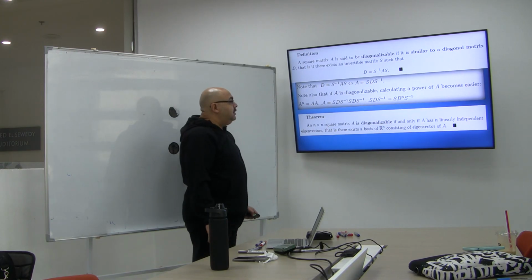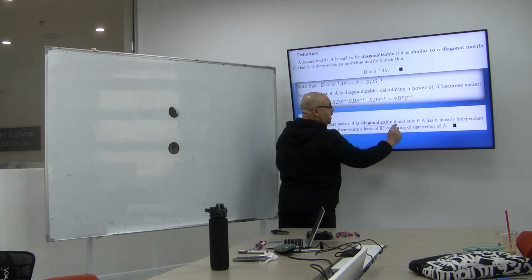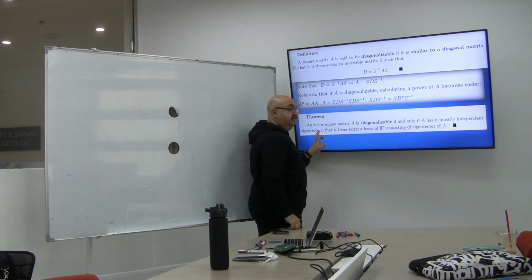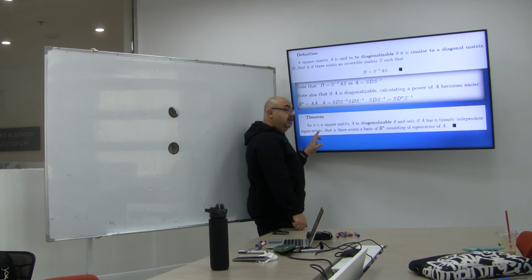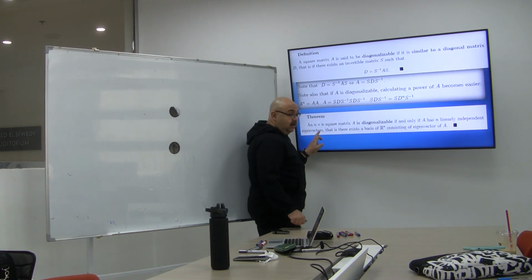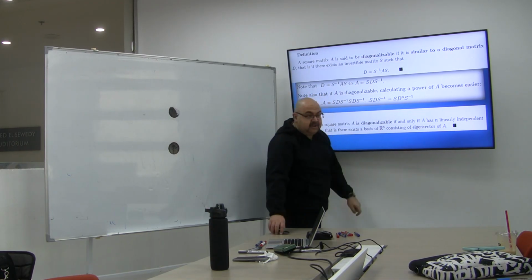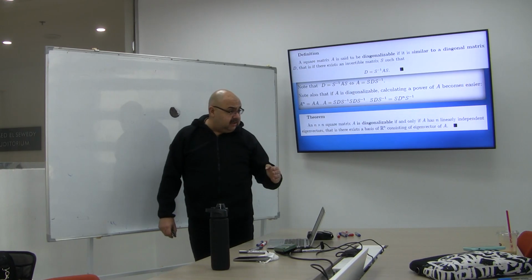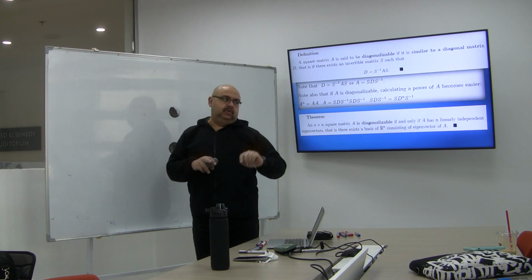And then an n by n square matrix is diagonalizable if and only if A has n linearly independent eigenvectors. And the linearly independent eigenvectors will be got from different eigenvalues of a symmetric matrix. That is, there exists a basis of R n consisting of these eigenvectors. A linearly independent set will form a basis for the whole space that you are dealing with.